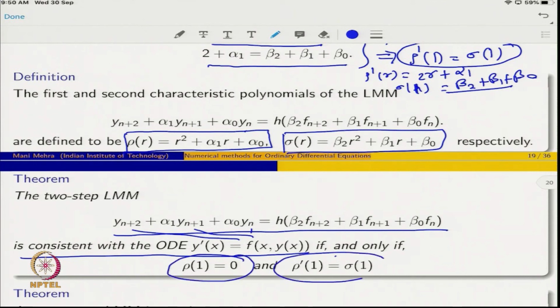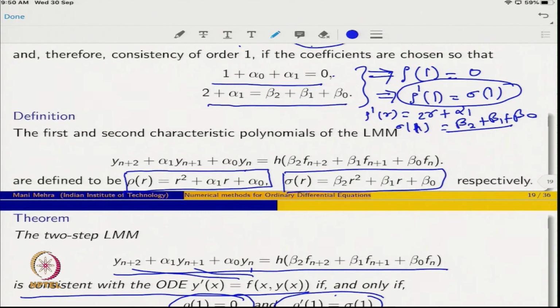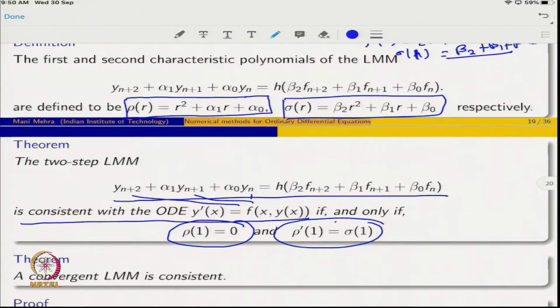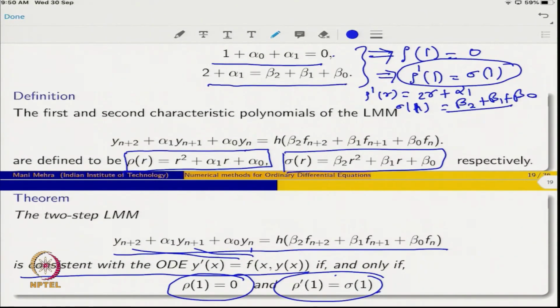That is what we have already derived here. So, the two-step linear multi-step method is said to be consistent with the ODE if and only if these two conditions are satisfied. You can write it either in the following form of a characteristic polynomial or in the following way. Both are equivalent ways of saying the same thing.